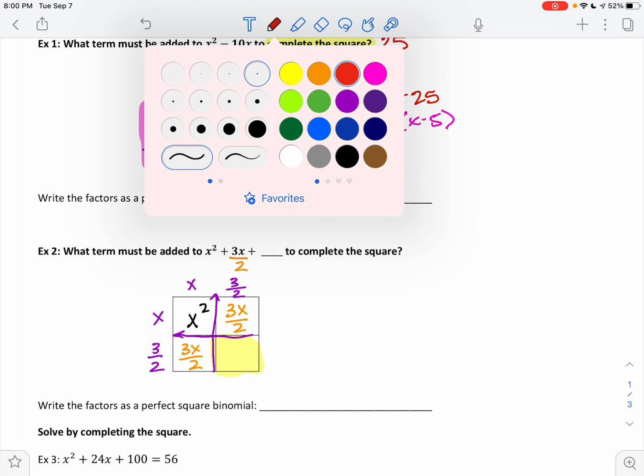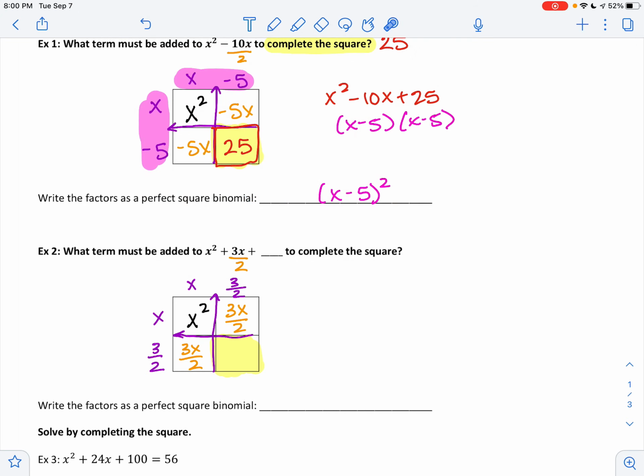To do that, I'm going to multiply 3/2 times 3/2. Remember, to multiply your fractions, you multiply the numerators together and the denominators together. 3 times 3 is 9. And 2 times 2 is 4. So the missing number that completes the square is 9/4. So we have x squared plus 3x plus 9/4.